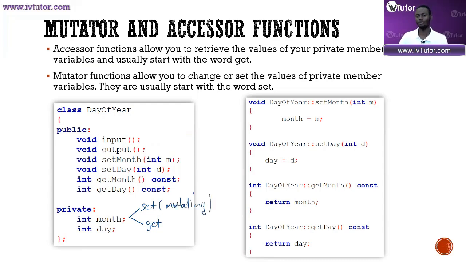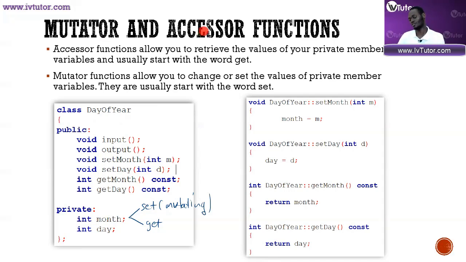So whenever you see the word mutate under programming, we're talking about changing the state of an object or changing the value of a variable. And hence, a function that you're going to use for the purposes of changing it is then referred to as a mutator function because it mutates that variable. And a function that you use to retrieve the value of this variable is then referred to as an accessor function.